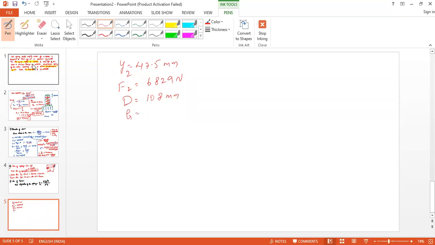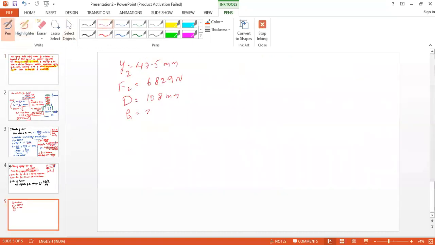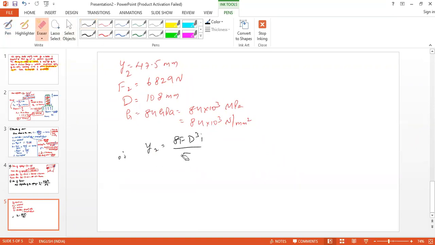And what is G? 84 gigapascal. So it is 84 gigapascal, nothing but 84 into 10 power 3 megapascal. So I can rewrite it as 84 into 10 power 3 Newton per mm square. Therefore, y is equal to 8 F D cube i by d to the power of 4 G. Sir, small d, sir.